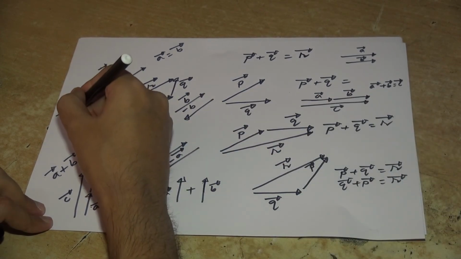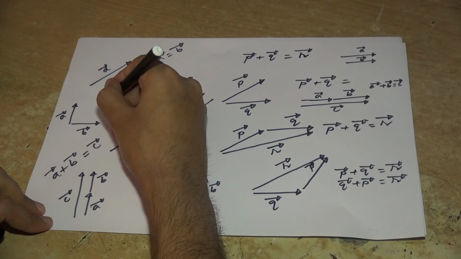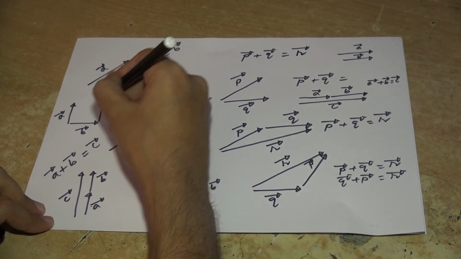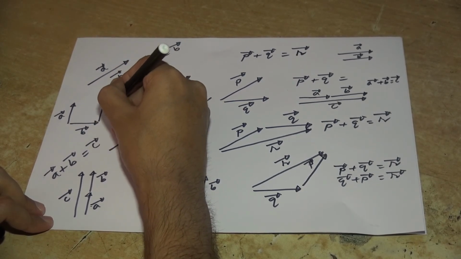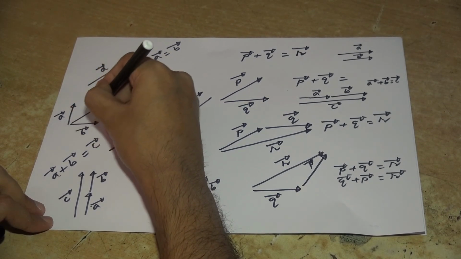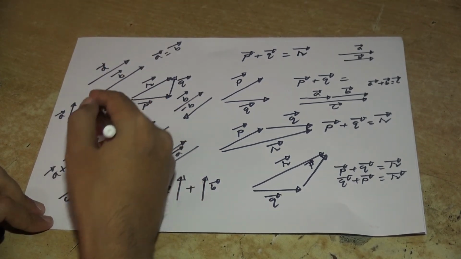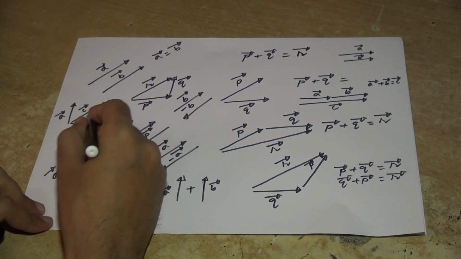So you can move vector a from there to here, so the tail of vector a will be on the head of vector b. So the displacement is c. So a plus b equals c, because this is what the displacement is.